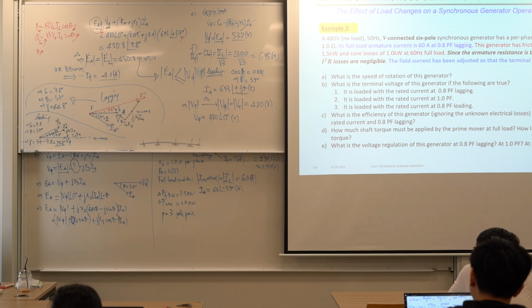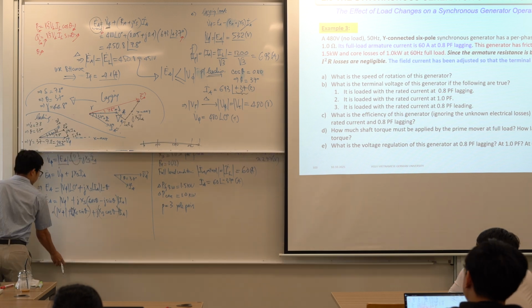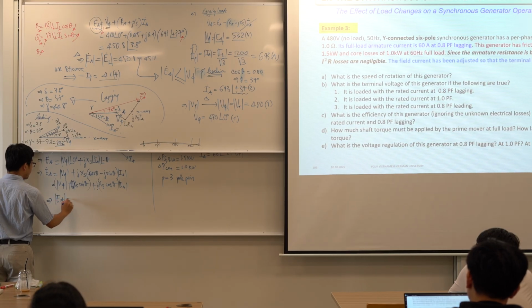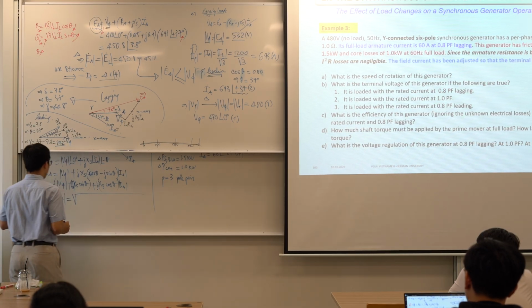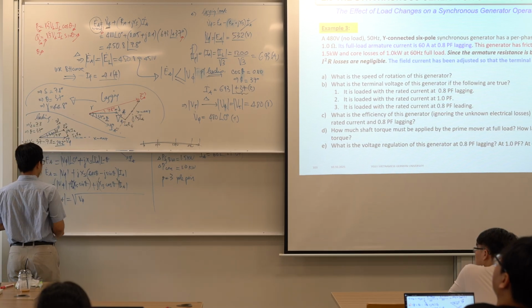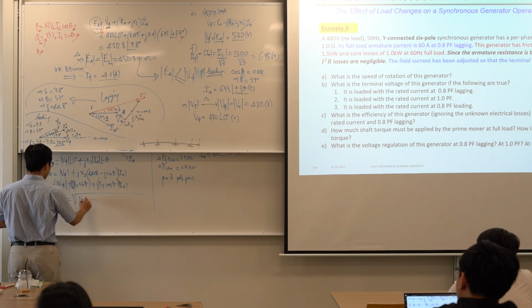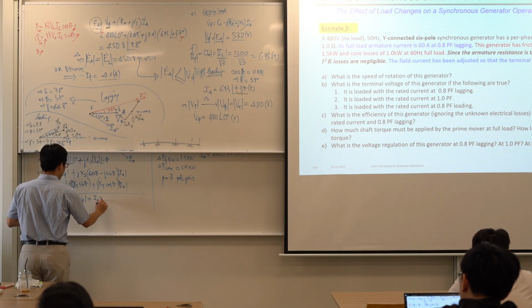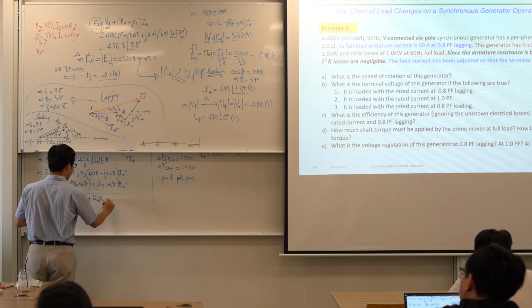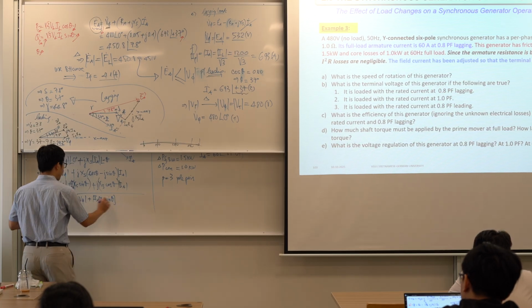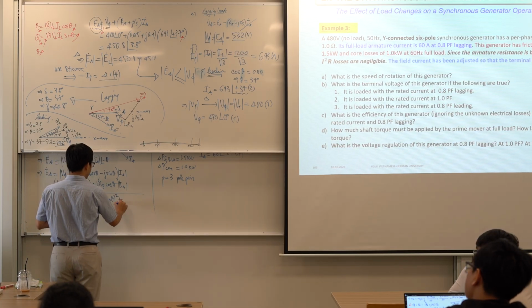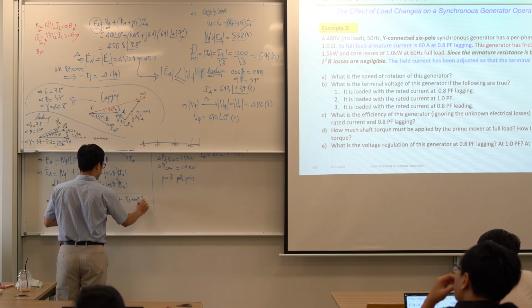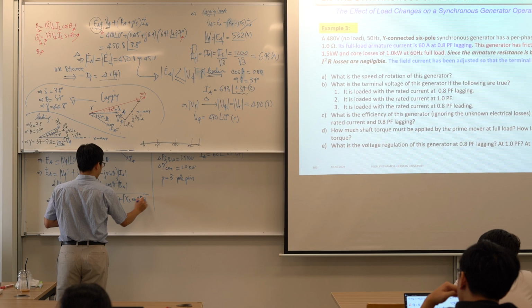Okay? Yes. So here we can get the absolute EA, that's the square root of, we face, plus IA XS sine theta squared, plus XS cosine theta IA squared.